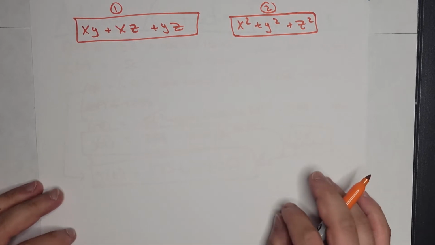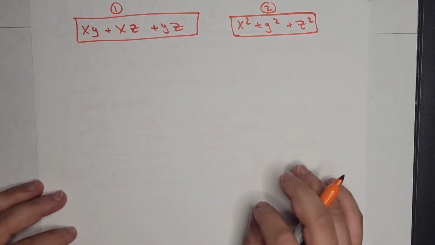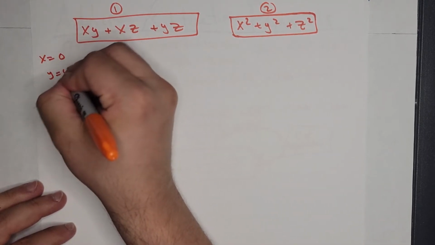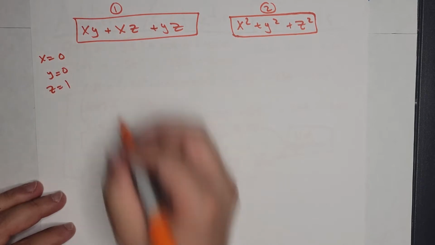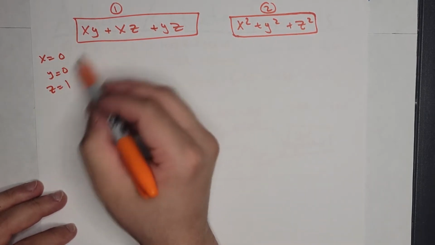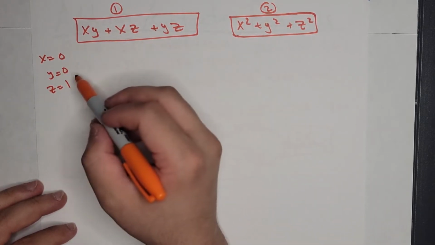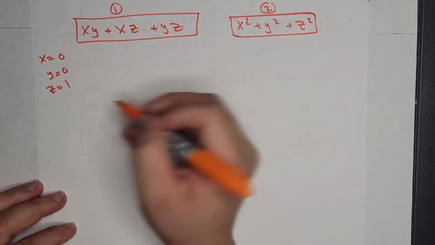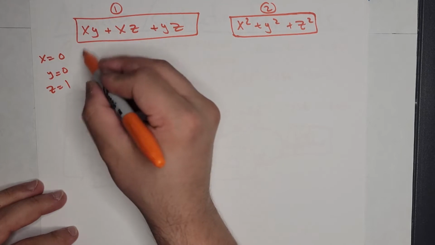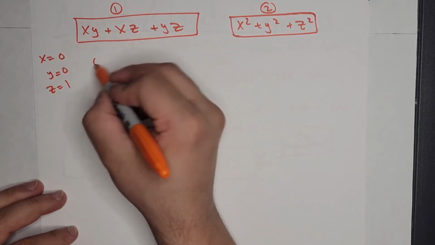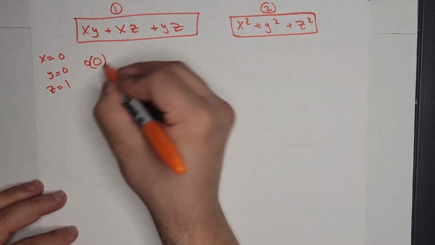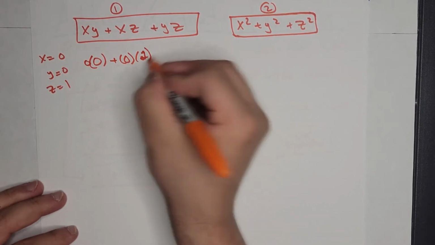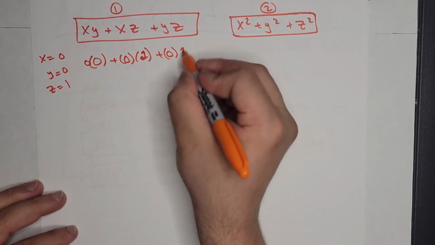And the way you do that is simply by plugging in some numbers. So let's just put in x equals 0, y equals 0, z equals 1. And when you put these numbers into here, well, that's a very easy way to check. We can do 0 times 0, 0. 0 times 1 plus 0 times 1.